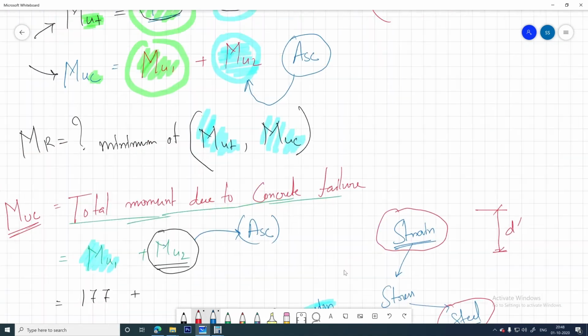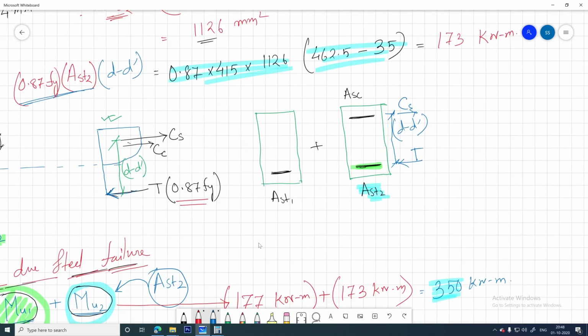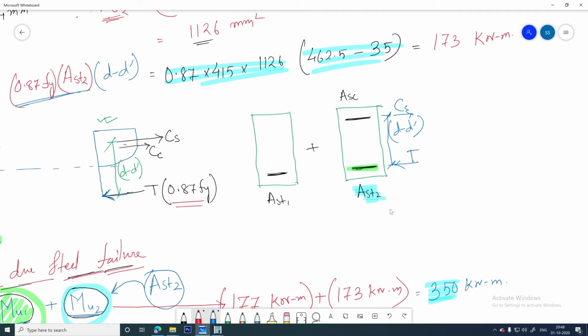What is the lever arm? Look here, previously this portion we have used, that means due to the AST2 we have determined the MU2, but here we will consider this ASC. So for this ASC, definitely the lever arm will be same. Look here, D minus D dash.